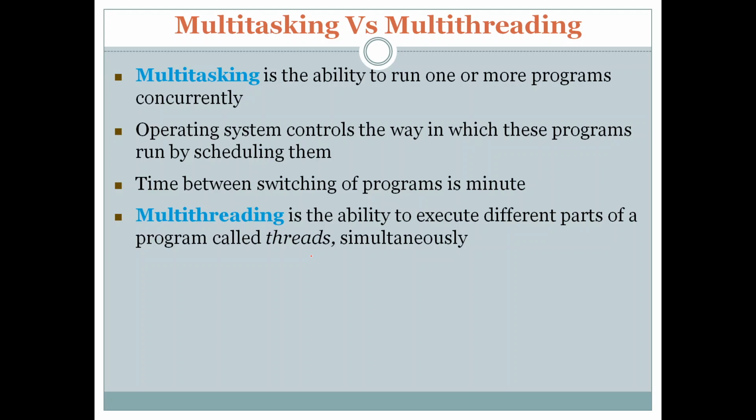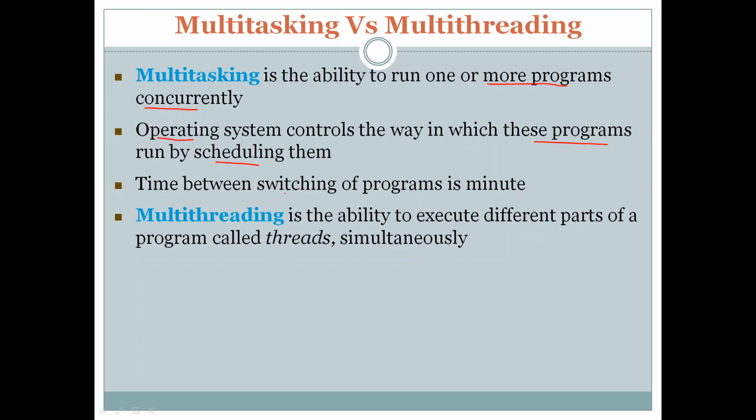Multitasking is the ability to run more than one program concurrently, and the operating system controls the way in which these programs run by scheduling them. So multitasking is managed by the operating system.